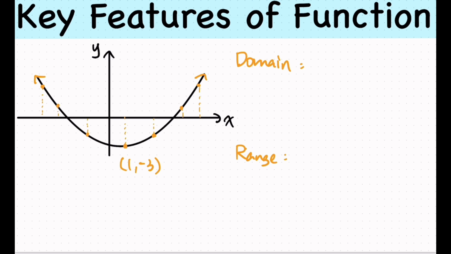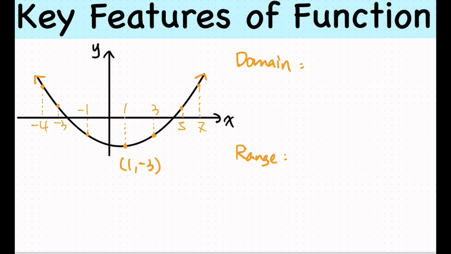So let's say these x-coordinates are -4, -3, -1, 1, 3, 5, 7, and then it goes on. Now again, you observe that every single point on this graph corresponds to all the possible real numbers, all real numbers along the x-axis.